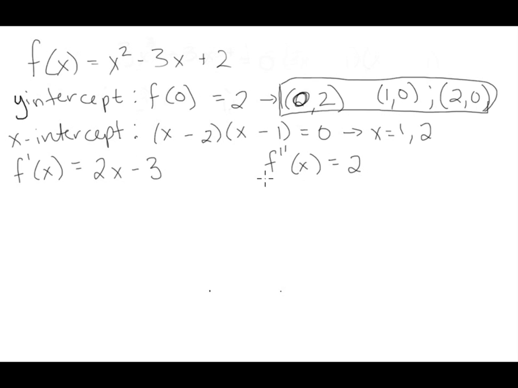Now, the first thing that this positive 2 is telling me is that this is always going to have the same concavity. Specifically, it's going to be convex at every point. So this function is always convex or concave up. Notice that little obnoxious bit of terminology.